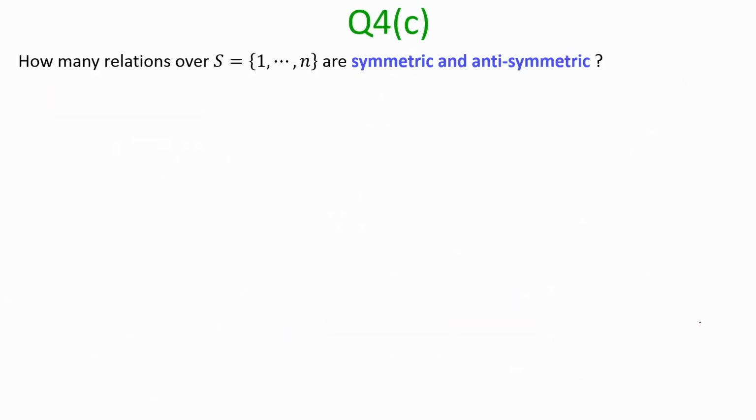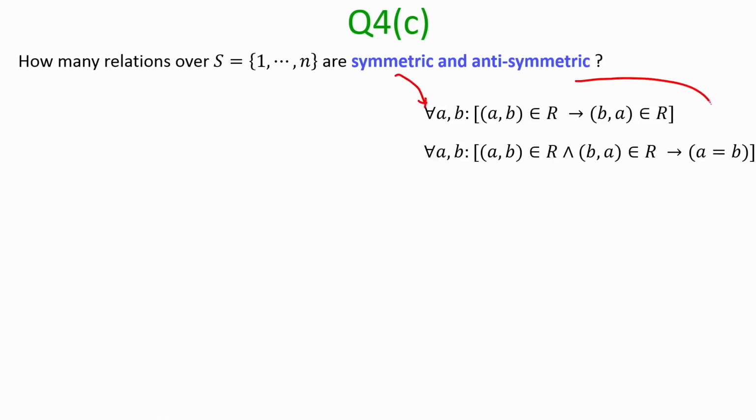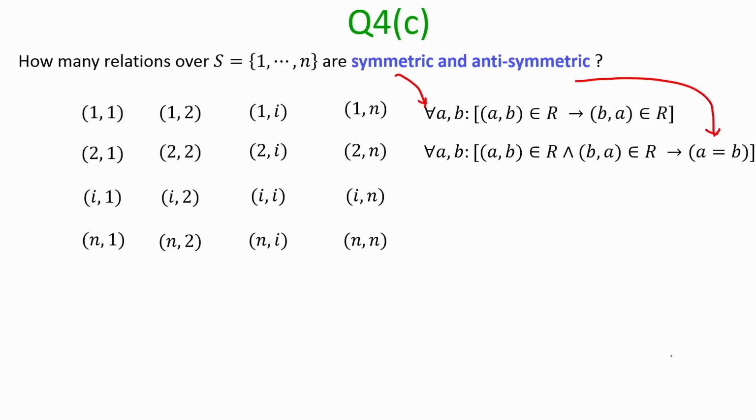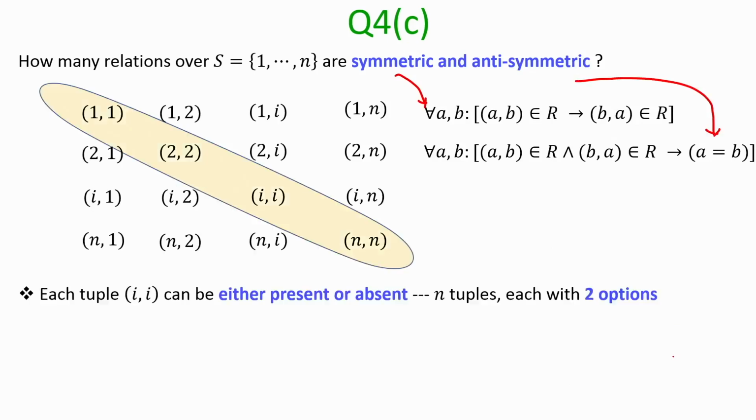Part C of the question, I have to find out the number of relations which are both symmetric and antisymmetric. So, this is the requirement from a symmetric relation, and this is the requirement from an antisymmetric relation. Now, if I consider the ordered pairs along the diagonal, for each ordered pair (i, i) I can either choose to include it in my relation or exclude it.